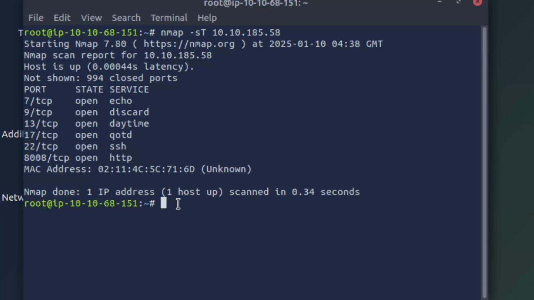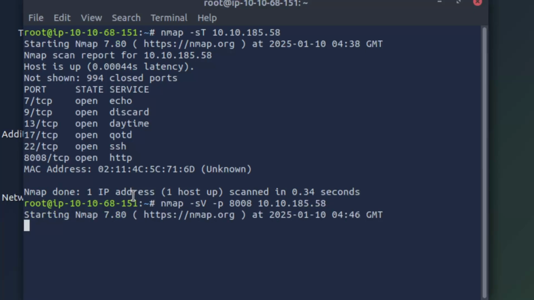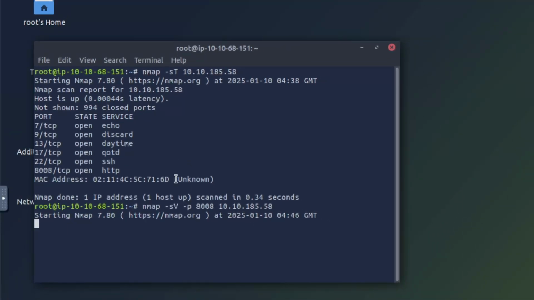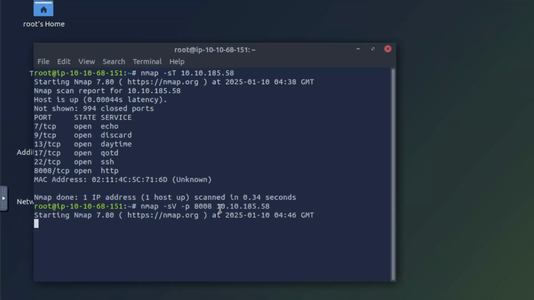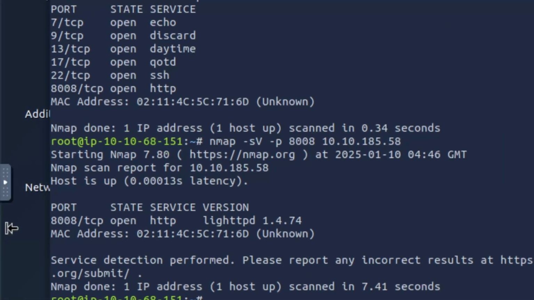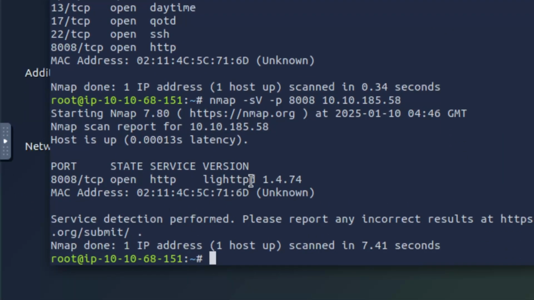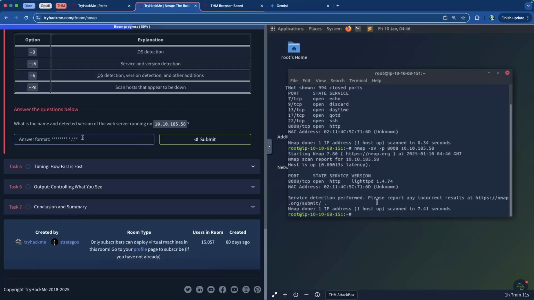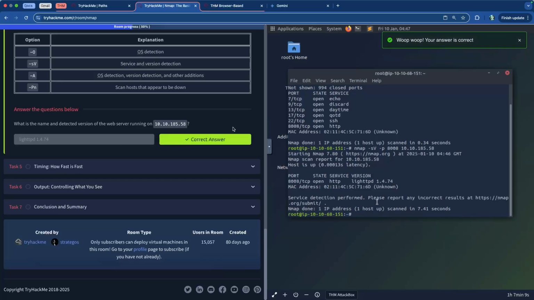So what I can do now is I can actually make this a little bit more customized, and I can do -p and then give it 8008 as the port, and then I'll do 10.10.185.58 and then press enter, and then that should give me the response hopefully fairly quickly. But it's running on port 8008. Here we go. So we got it's lighttpd 1.4 whatever, and we're just going to copy that, and that is our answer. So paste, enter, and we are all good.